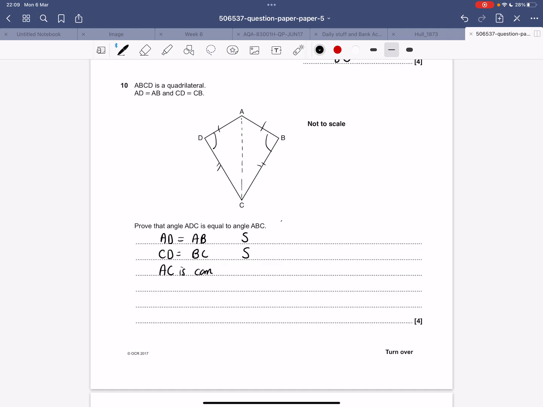So put your starting statement: consider triangles ACD and ABC. AC is common to both, so it's a side again. Side, side, side means the triangles are congruent.